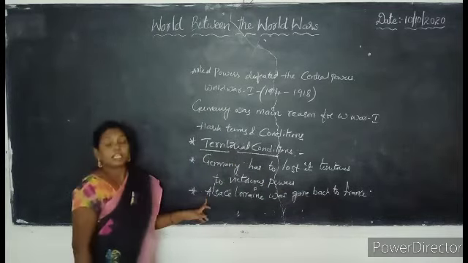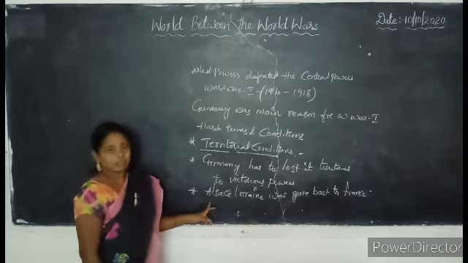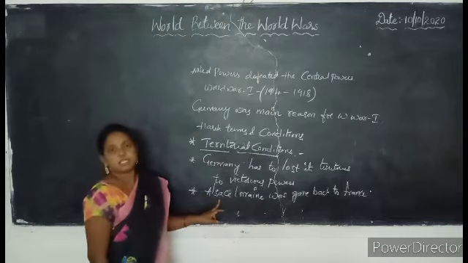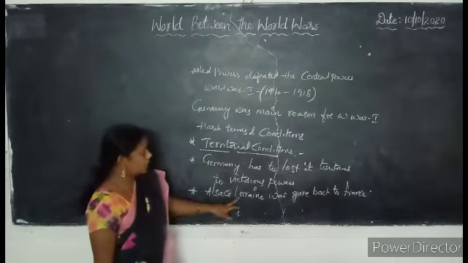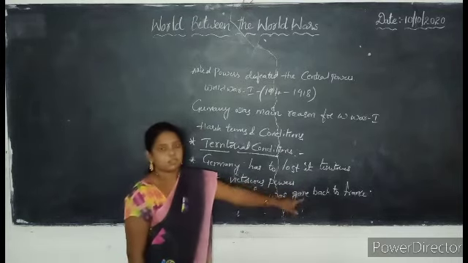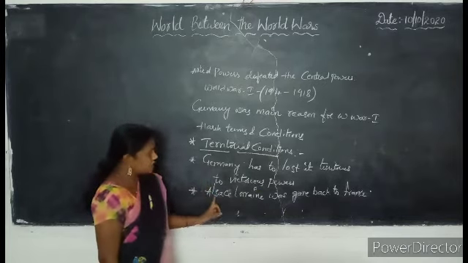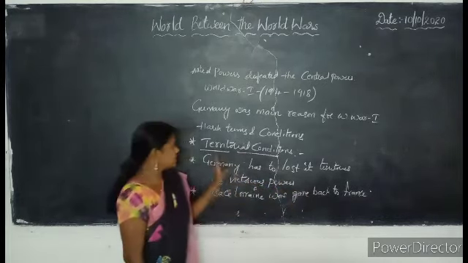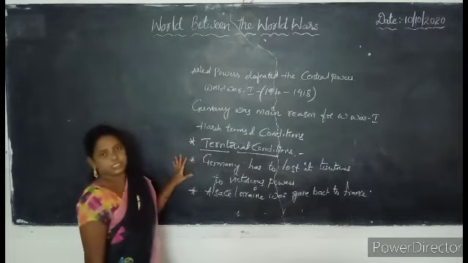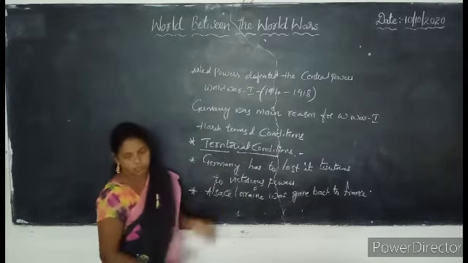Let us see, in the year 1871, the German Chancellor Bismarck had occupied Alsace-Lorraine from France. So now Germany had to give back Alsace-Lorraine to France. These were the territorial conditions which were imposed on Germany.